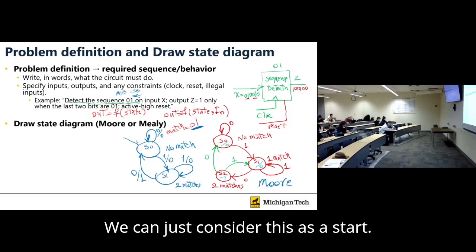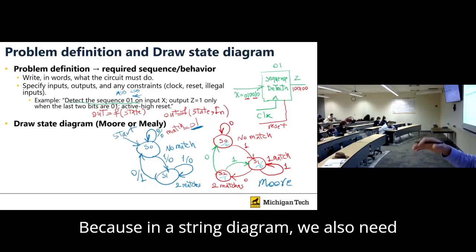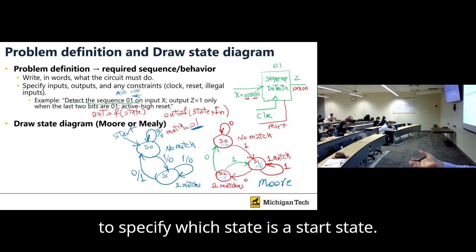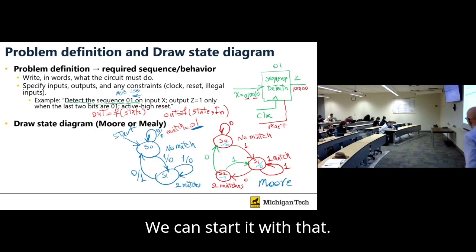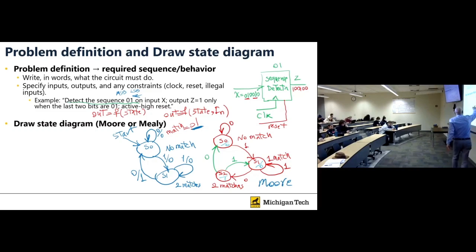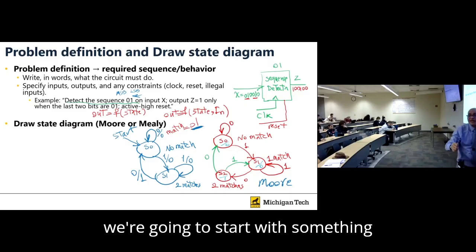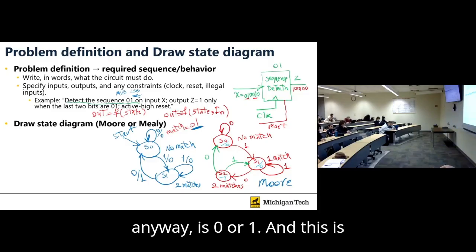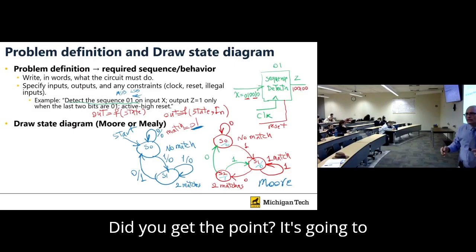We can just consider this as a start. Because in the state diagram, we also need to specify which state is a start state. We can start it with that. Why? Because whatever, we're going to start with something anyway. It's 0 or 1, and this is going to consider both cases. Did you get the point?